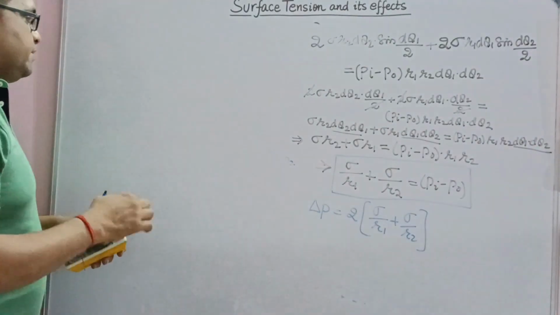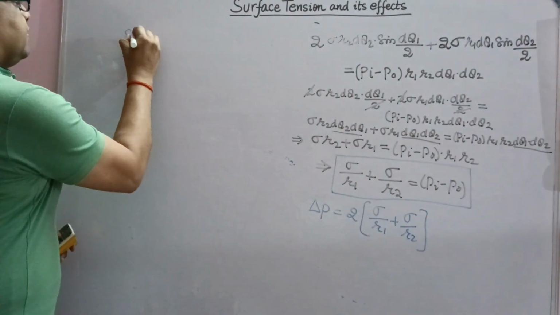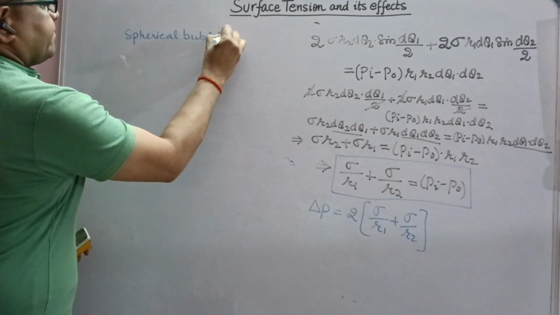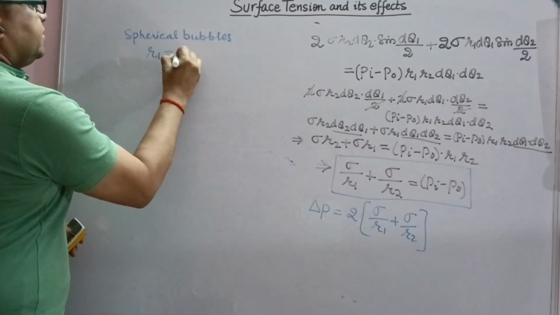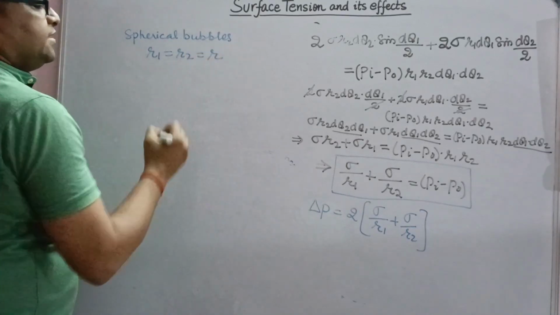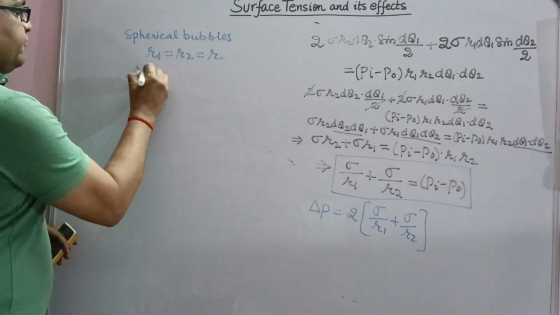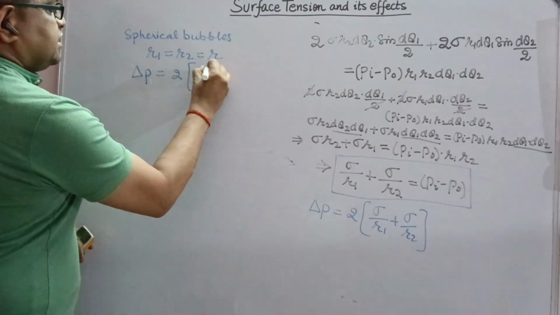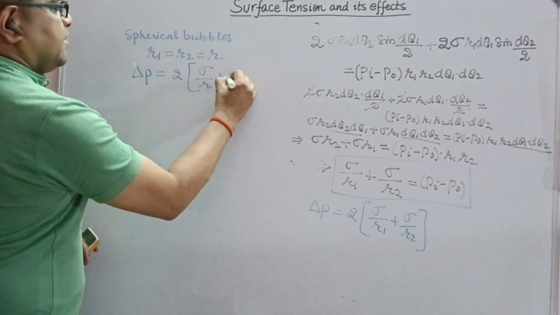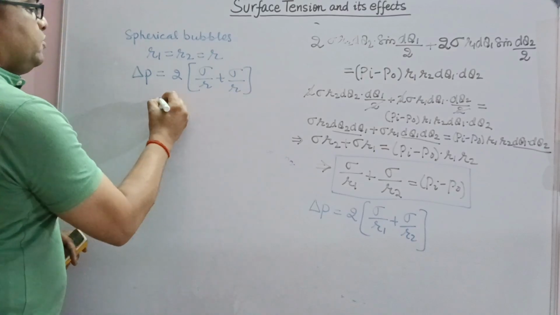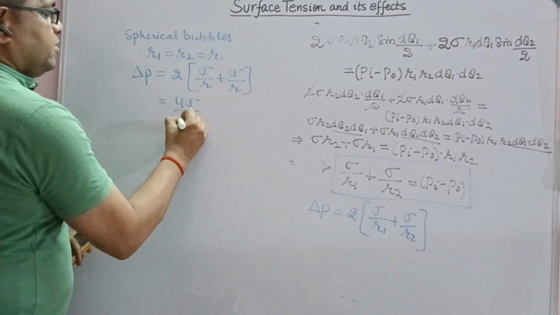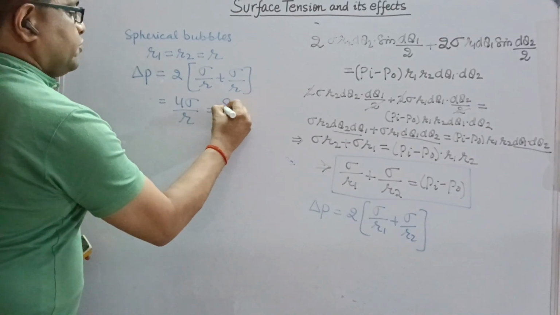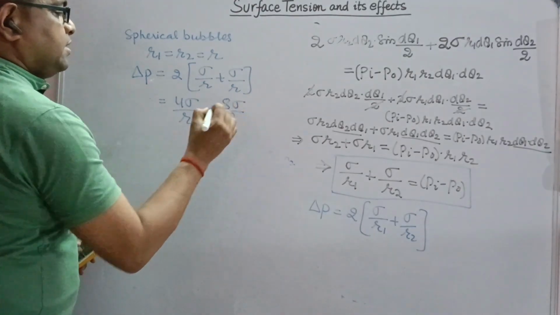So for spherical bubbles, we have R1 equal to R2, let us say equal to R. So for that we have del P equal to twice of sigma upon R plus sigma upon R, which is equal to 4 sigma upon R. Or in terms of diameter, it will be equal to 8 sigma upon D.